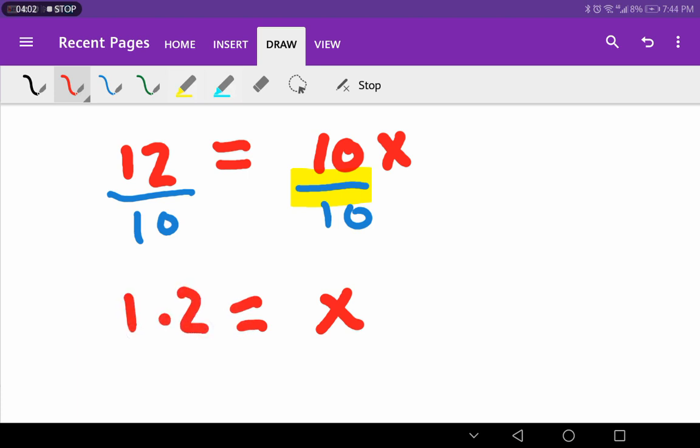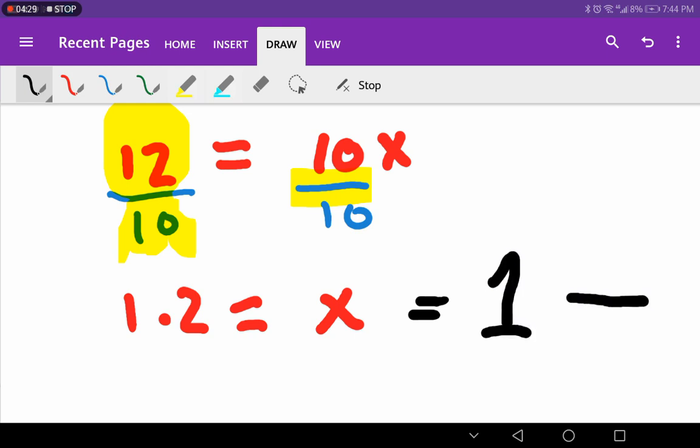1.2. Okay, or you can write it as an improper fraction, the fraction that has a big head, my dear student. Yes, big head. See, it has a big head. How many times does 10 go into 12? It is 1. We write 1 here. Let me erase this.